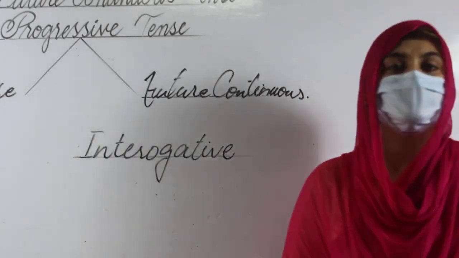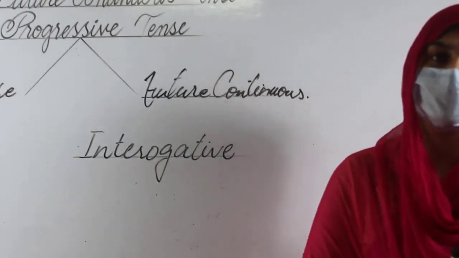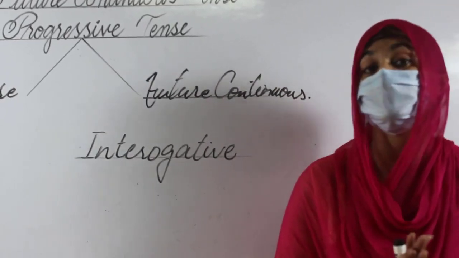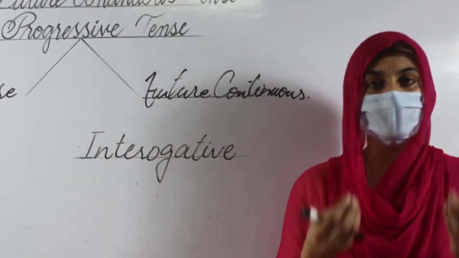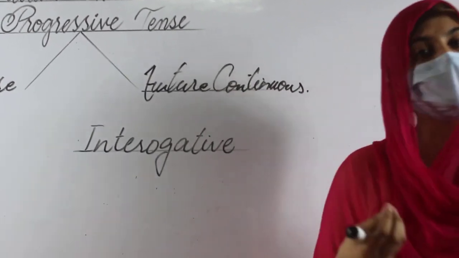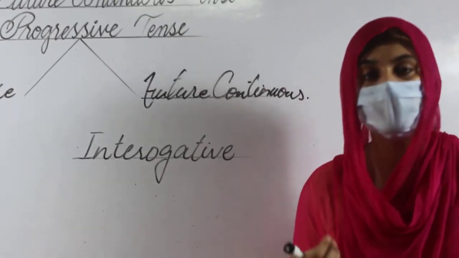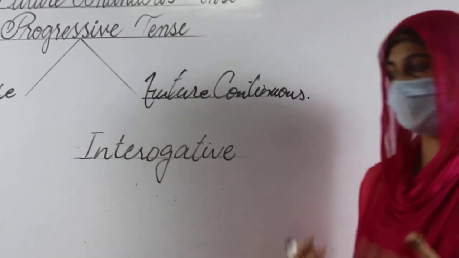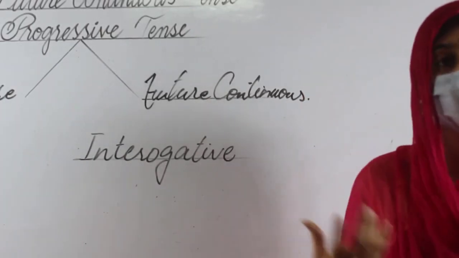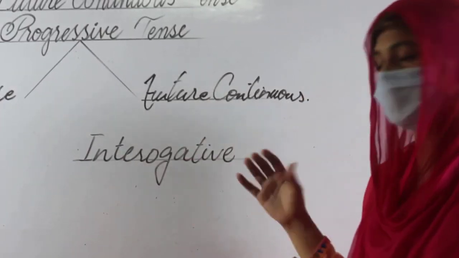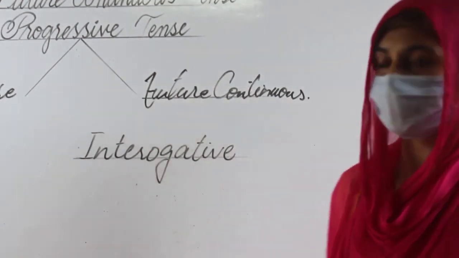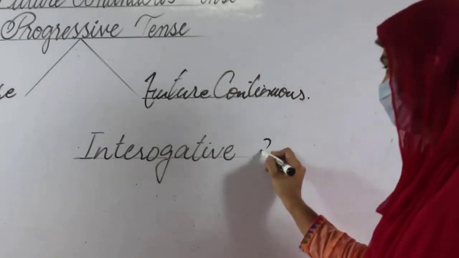The rules remain same, the identification remains same, the helping verb as well remains same, but there is a little bit of difference in knowing whether it is an affirmative, a negative, or an interrogative. So the basic question is: how can we recognize that this one is an interrogative? The very basic identification of the interrogative is the helping verb.